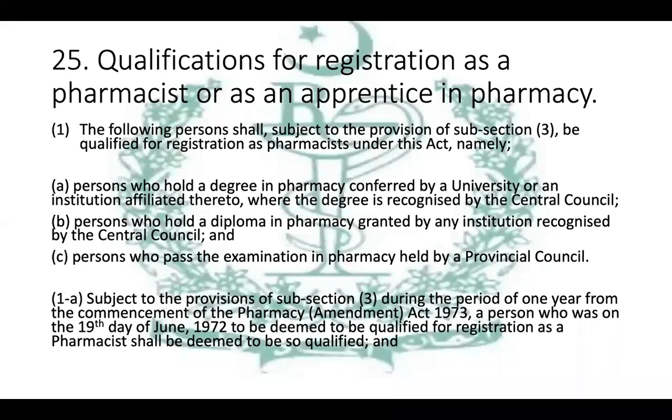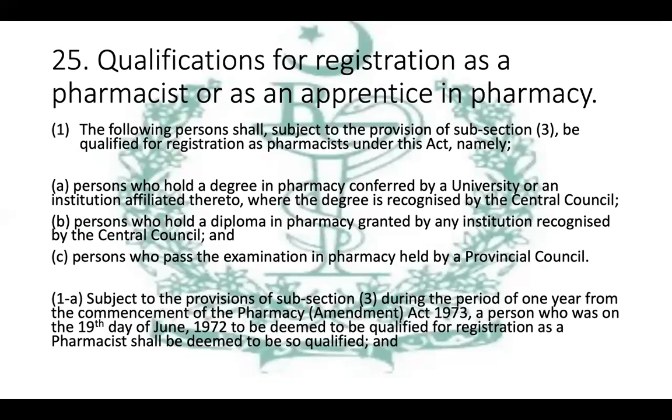Now for A, a pharmacist must have a degree in pharmacy. For registration in B, a person may have a technician course. If they have that certification, they are registered in register B. Persons who pass an examination in pharmacy held by the pharmacy council are entitled to be registered in register A, register B, or register C accordingly.